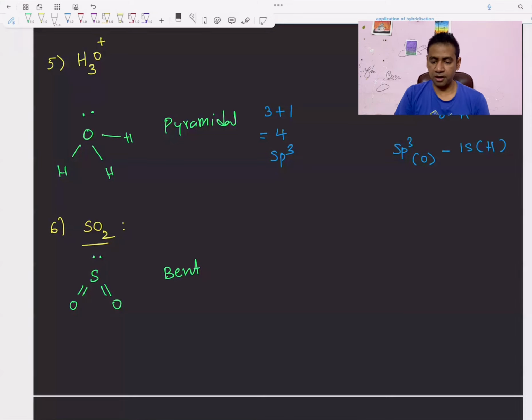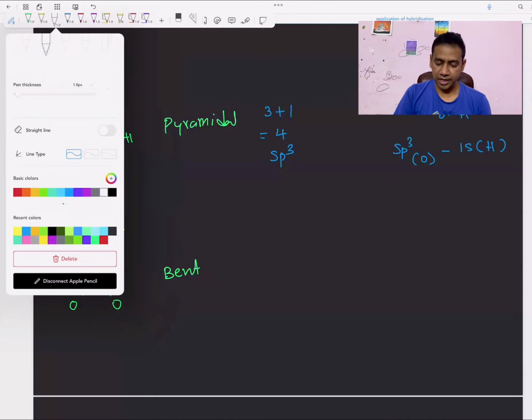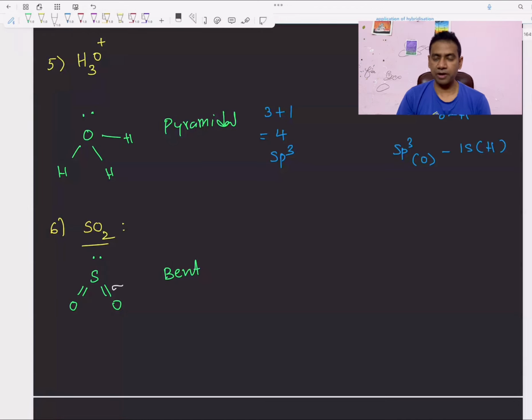Now the number of sigma bonds: here we get one sigma bond between sulfur and oxygen, and here another double bond, and therefore one sigma bond, and the next bond should be a pi bond. So the SO2 molecule has two sigma bonds and two pi bonds.